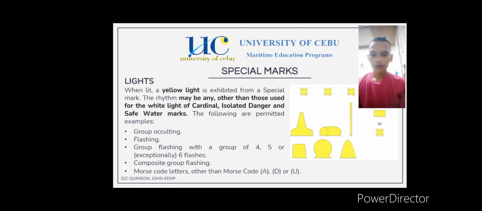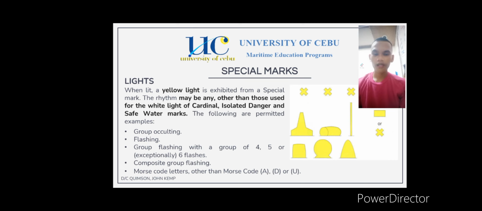Lights. When lit, a yellow light is exhibited from a special mark; the rhythm may be any other than those used for the white light of cardinal, isolated danger, and safe water marks.